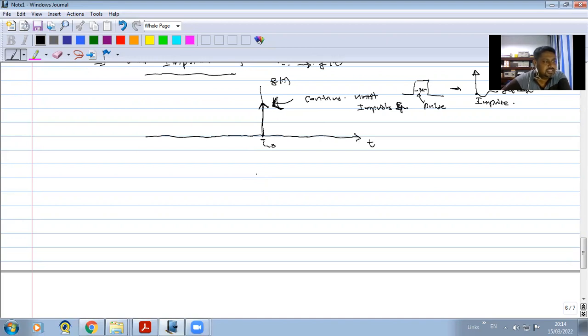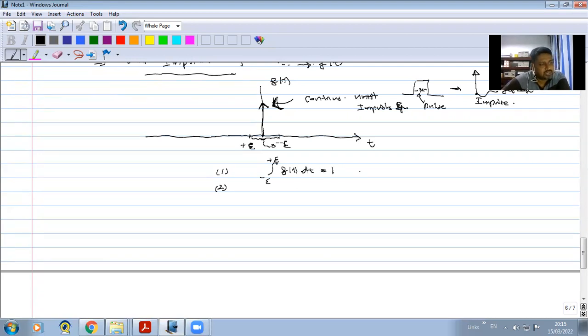Normally it is defined, and there are basically two definitions. One is within a very small duration, from minus sigma to plus sigma. If we integrate delta(t) dt over this small duration, you will get 1.